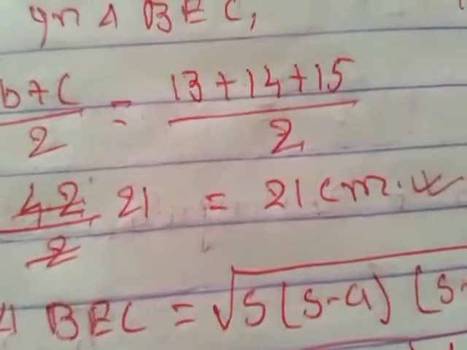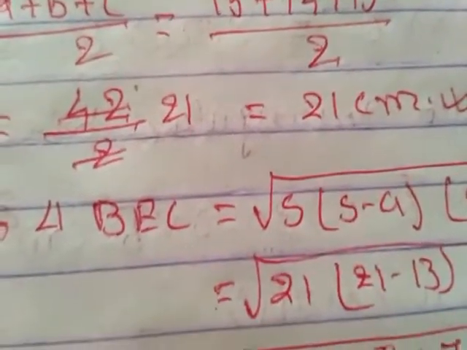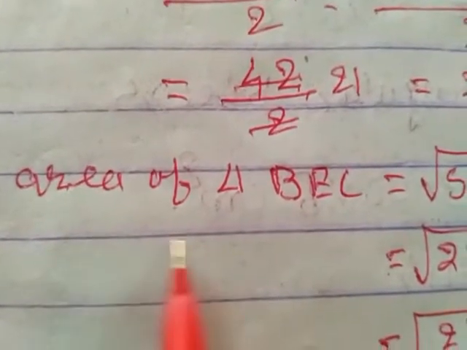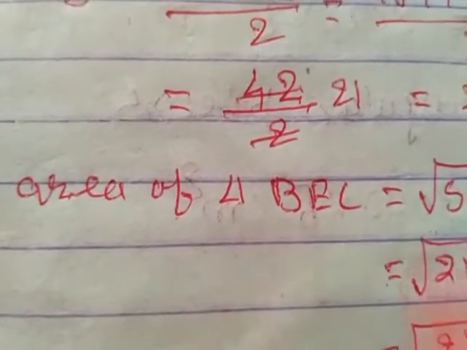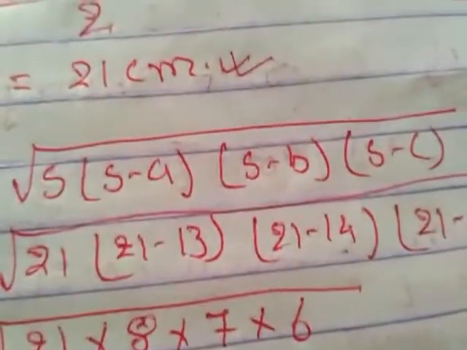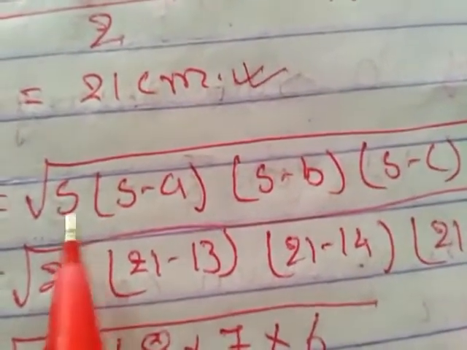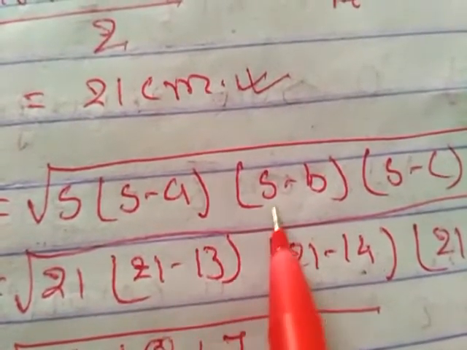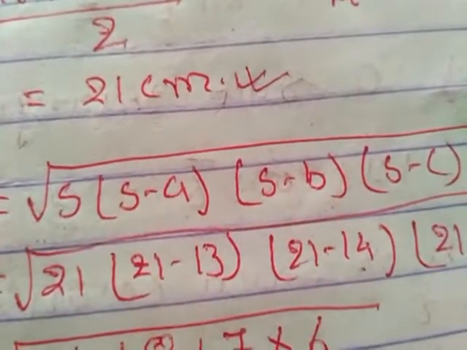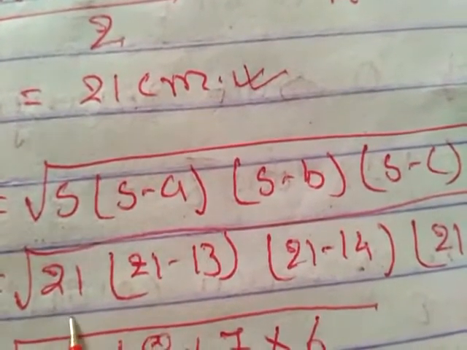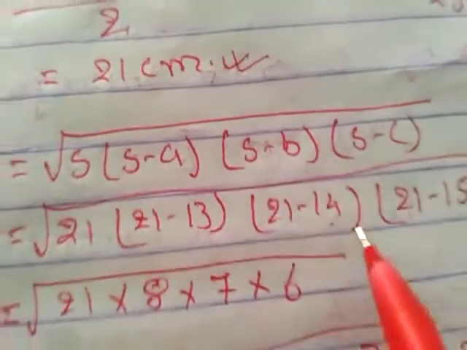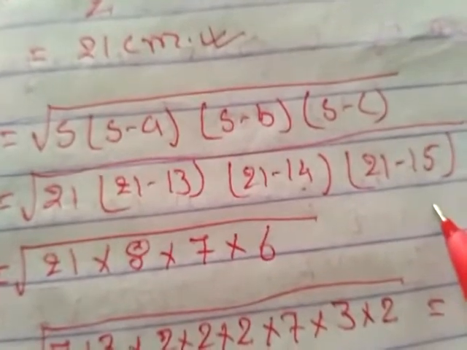That is the semi-perimeter. Now applying Heron's formula for calculating the area of triangle BEC. By this formula we have the area of triangle equals the square root of S into S minus A into S minus B into S minus C. Here the value for S is 21, A is 13, B is 14 and C is 15.